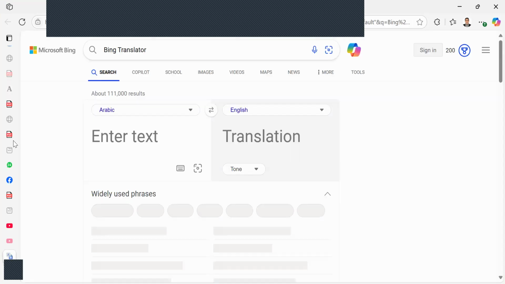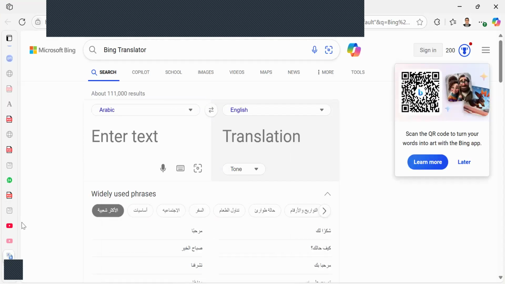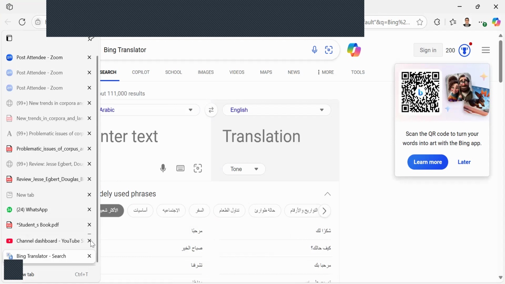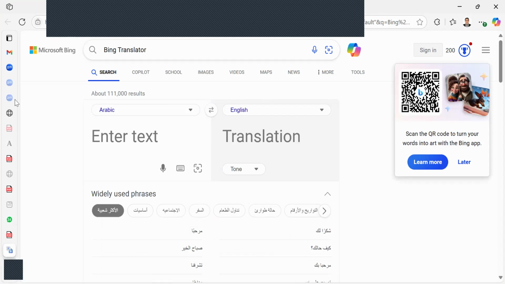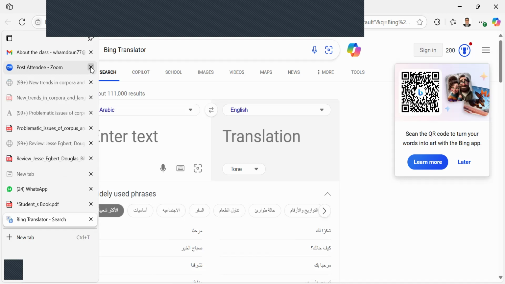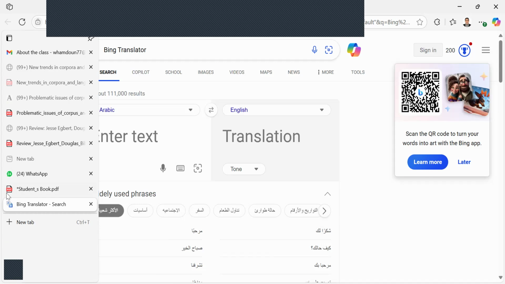Bill means the check. Yes, when you are in a restaurant, give me the receipt or give me the bill.